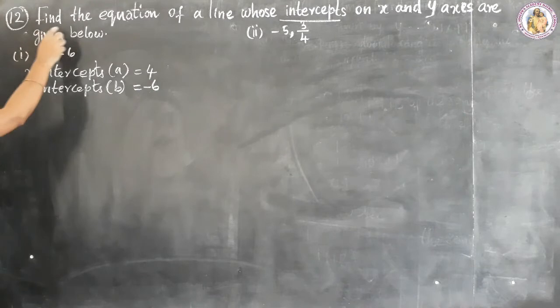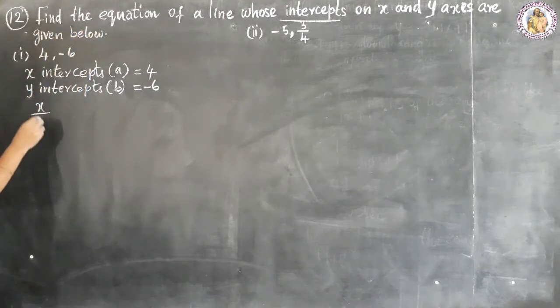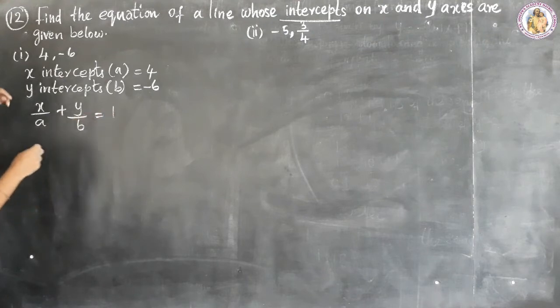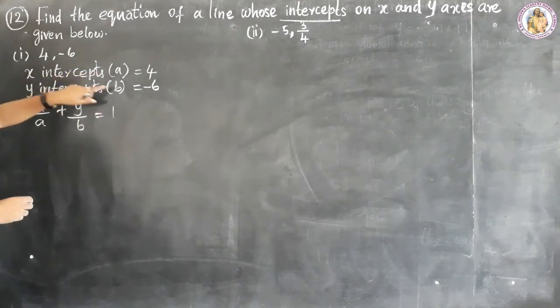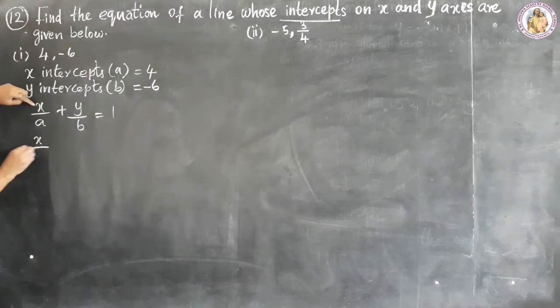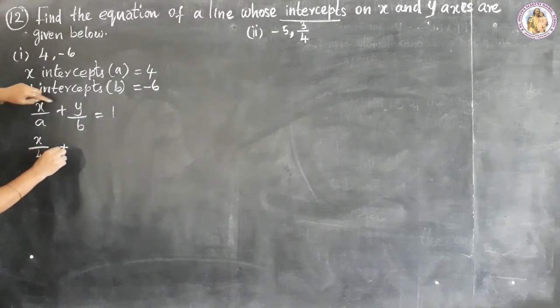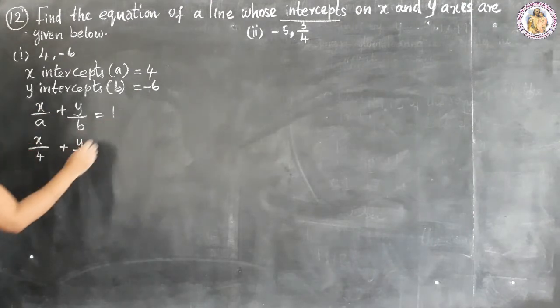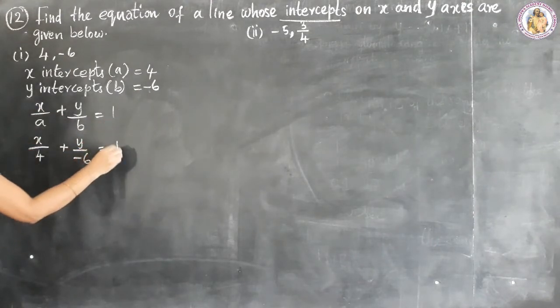To find the equation of a line, use x by a plus y by b is equal to 1. Now substitute the values of a and b: x divided by 4 plus y by minus 6 is equal to 1.